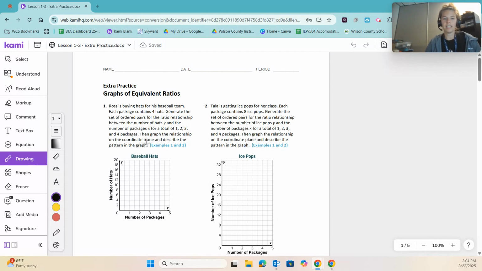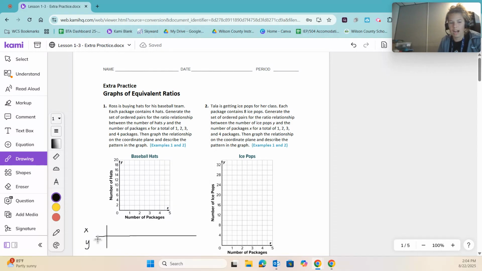So what this is asking us to do is to create a table first. In this table that we create, we have our x values and our y values. They tell us that the number of hats is y, and they put the number of hats on the y-axis here in this graph.